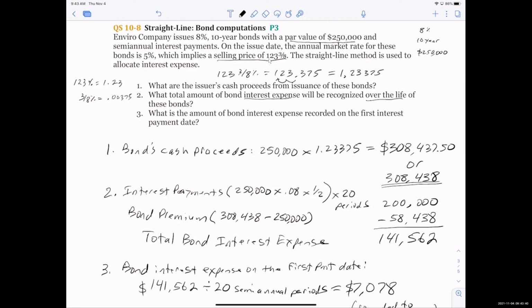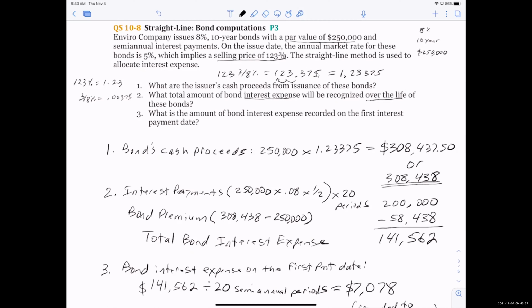So tag that on to the end. So you would go 123.375%, right? But I don't like percent.